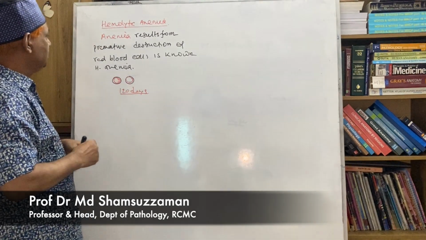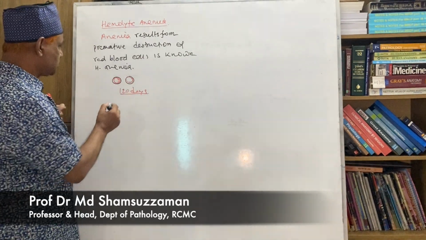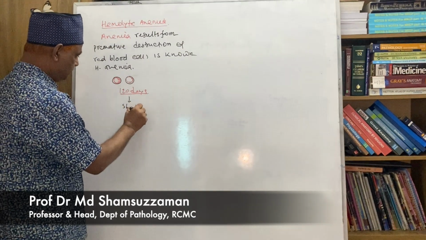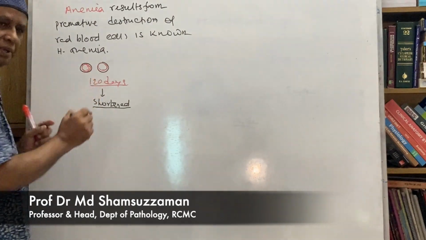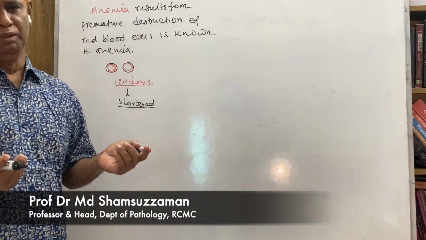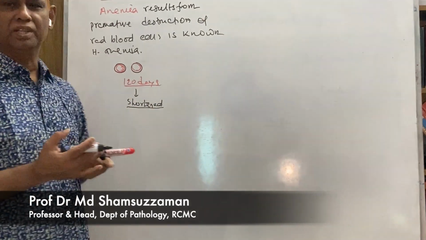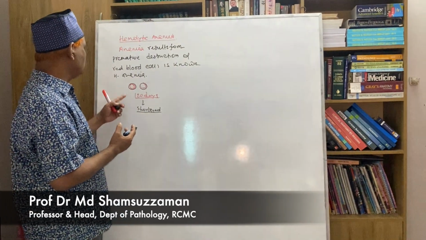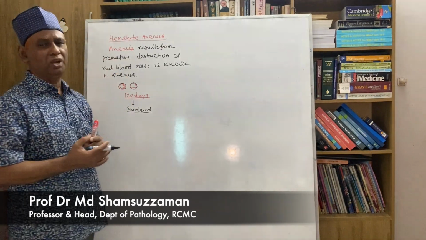By definition, if the lifespan of RBC is shortened, and with shortening of lifespan there is massive destruction of red cells, then it is called hemolytic anemia. You know, after 120 days, RBC undergo destruction automatically. If there is massive destruction due to shortening of lifespan of RBC, then there is hemolytic anemia.